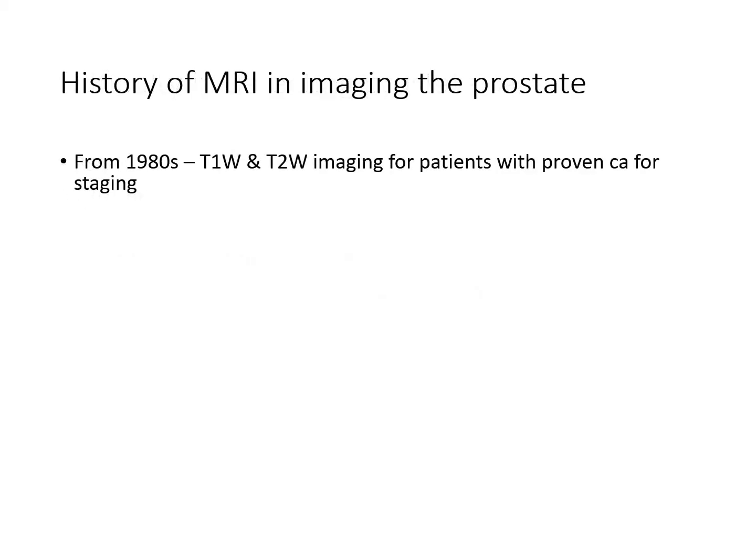To try and resolve that problem, people have looked to MRI. There's been quite a long history of MRI in the prostate gland. From the 80s even, just simple sequences would be used to stage cases. But gradually, over the decades, there's been development and refinement of multi-parametric MRI.